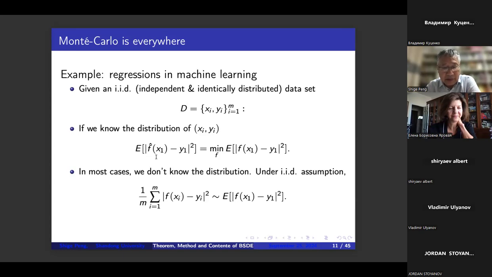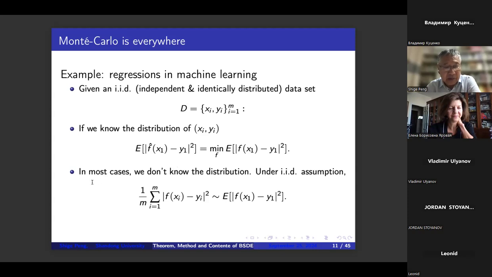We need, under this, x1 minus x2, the expectation to be the smallest one, okay, the smallest one.